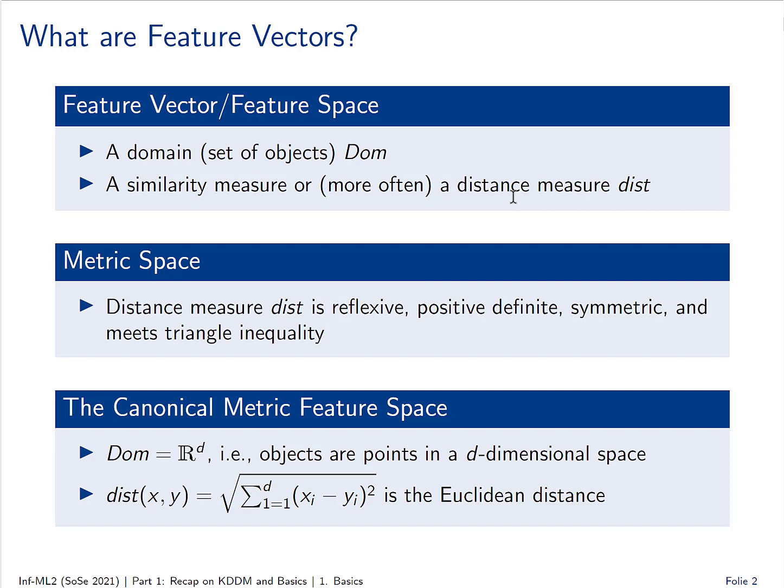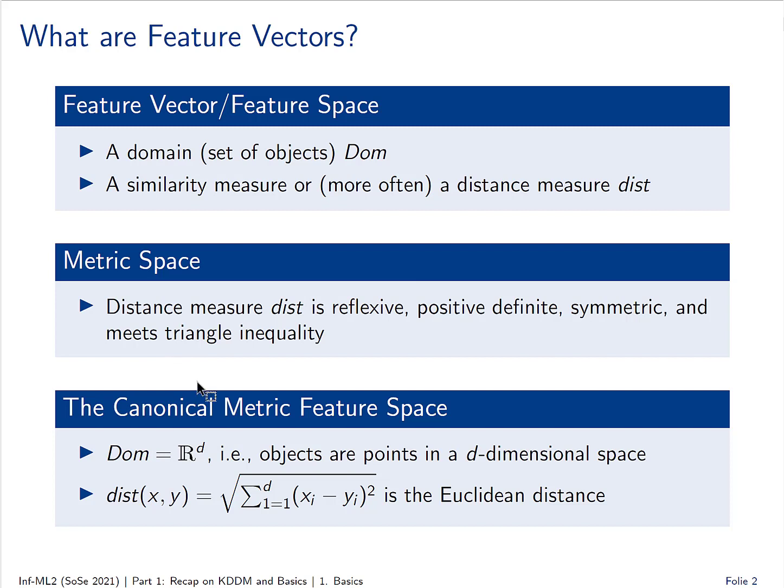Anyway, very often we have a distance measure, dist, and that's it actually. The domain is typically, in that case, as you see down here, the canonical feature space, which is also a metric space. One step after another: a feature space is a metric space if the distance measure is also a metric, meaning that it is reflexive, positive definite, symmetric, and meets the triangle inequality.